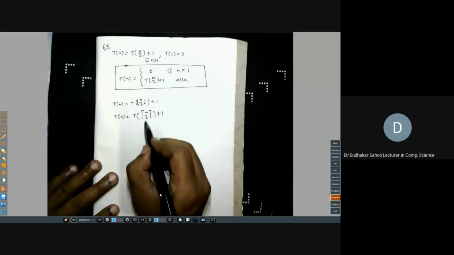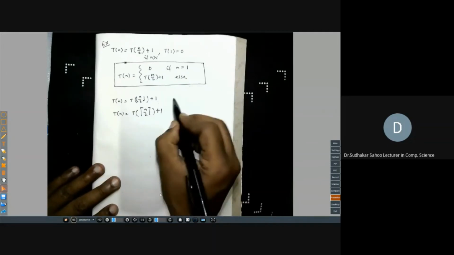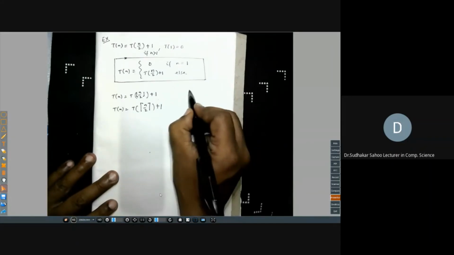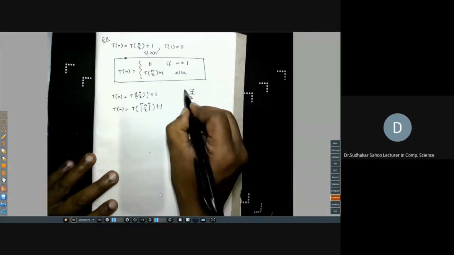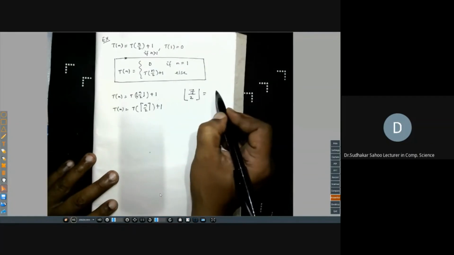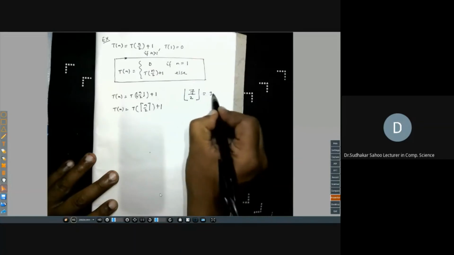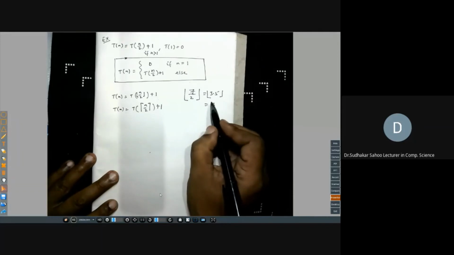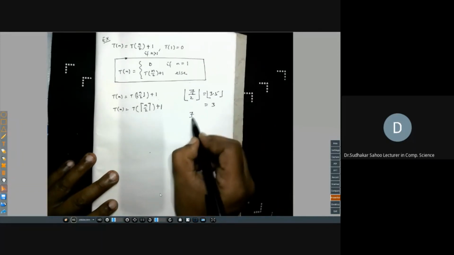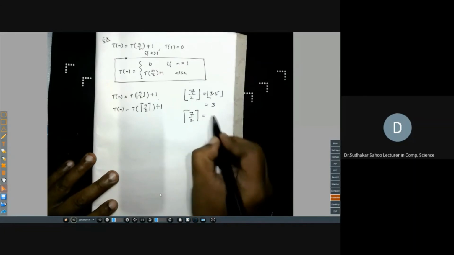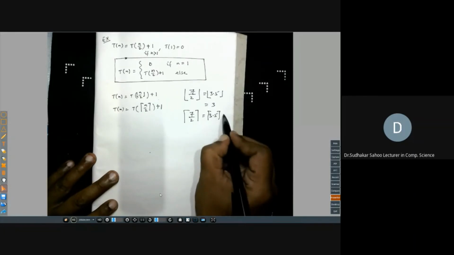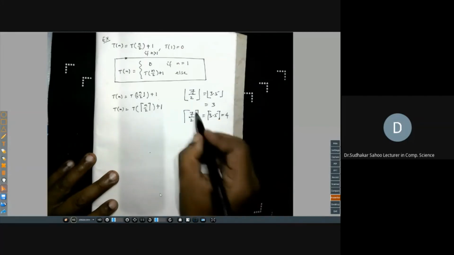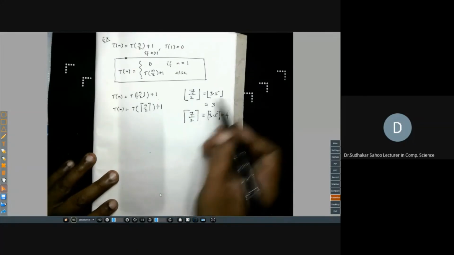I hope you know what the floor function and ceiling function are. 7 by 2 is 3.5. Its floor is 3. And 7 by 2 ceiling is 4. So these two important functions are called the floor function and the ceiling function.